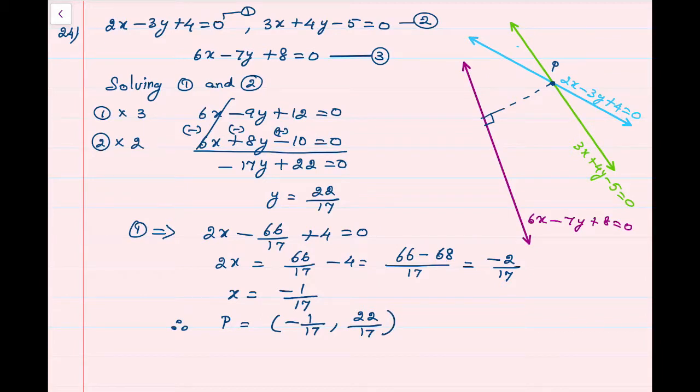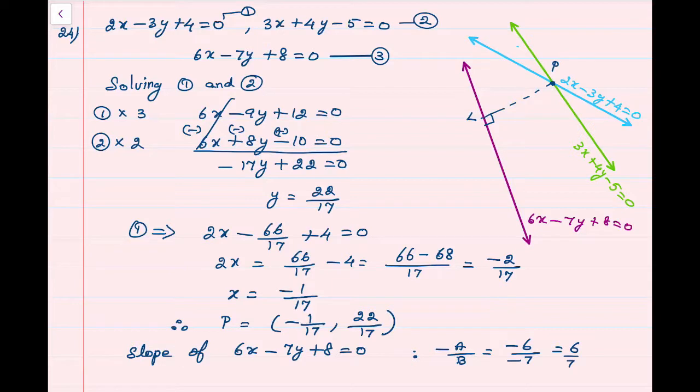We will take the foot of the perpendicular drawn from P as L. We have to find the equation of PL. We will write the slope of the given line 6x minus 7y plus 8 is equal to 0. The slope is minus a divided by b, minus 6 divided by minus 7, which is 6 divided by 7, from which we can write the perpendicular slope.